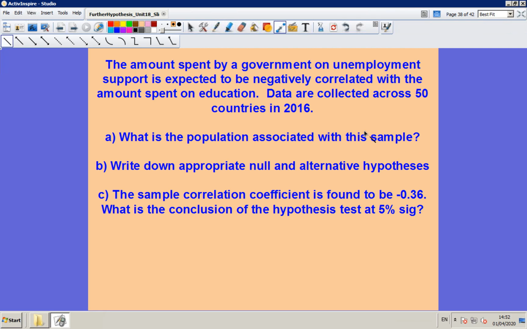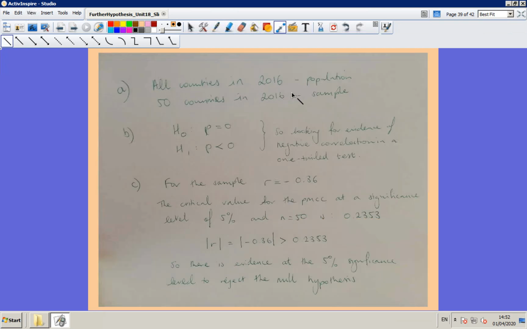Well, the population is going to be every country, all countries globally in 2016. Okay, and our sample is the data just for 50 countries in 2016. So all countries in 2016 is our population, and our sample set is 50 countries in 2016.